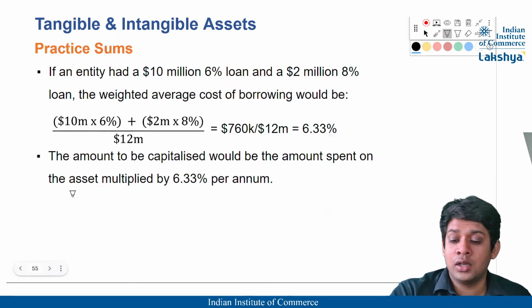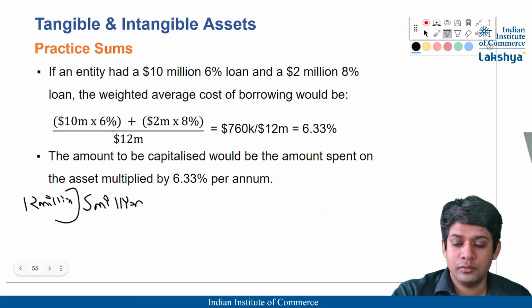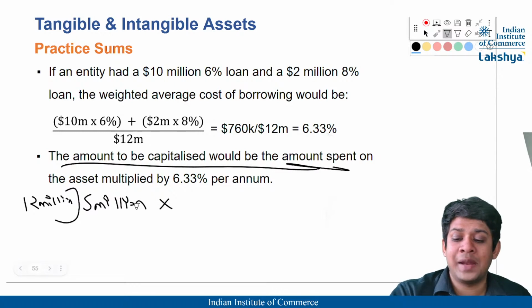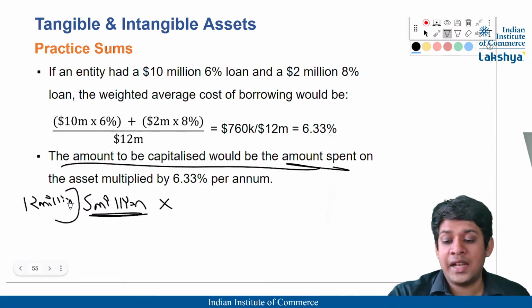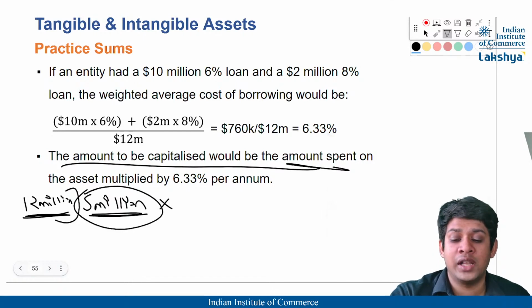Maybe I've used, say, 5 million from this loan. Okay. The total loan that I took was 12 million, but I used only 5 million. So it will be 5 million into whatever is the amount spent. Okay. So I've spent 5 million to date. I took a total loan of 12 million, but I spent 5 million till today's date.